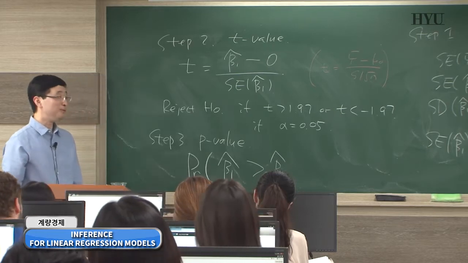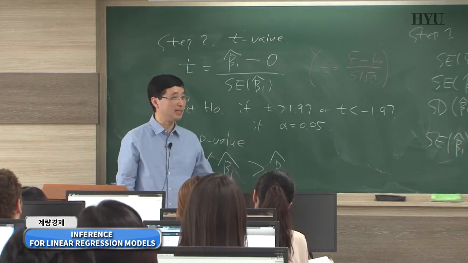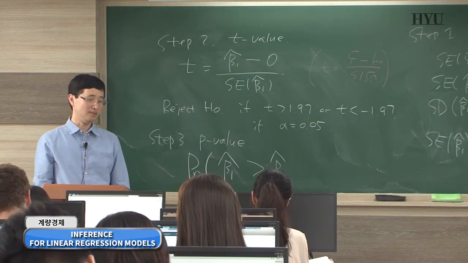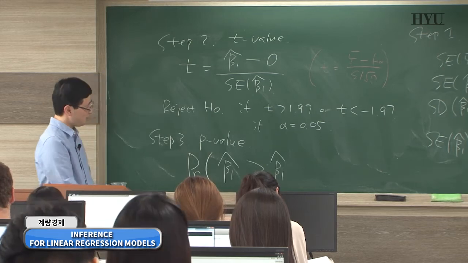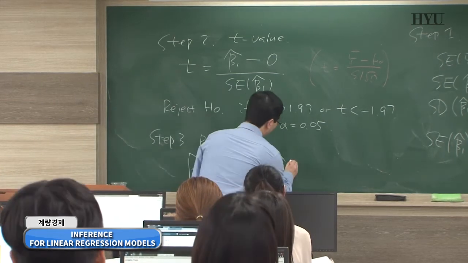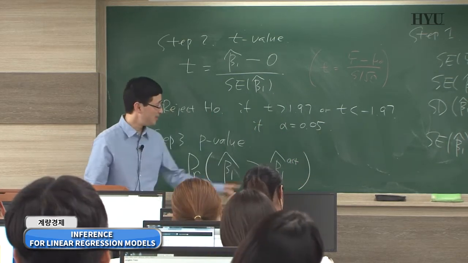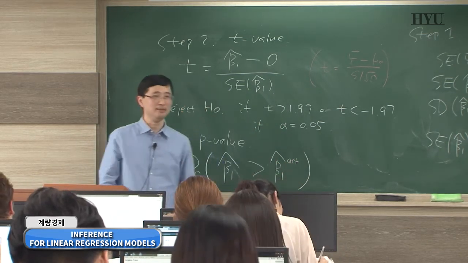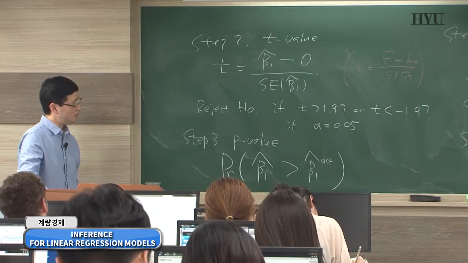Now, I'm in trouble. I cannot use the lowercase letter for beta 1 hat. So I have some kind of issue here. So the textbook says beta 1 hat ACT. What does it mean? That's the actual value of beta 1 hat. It's like lowercase y bar. Okay? So that's the p-value.